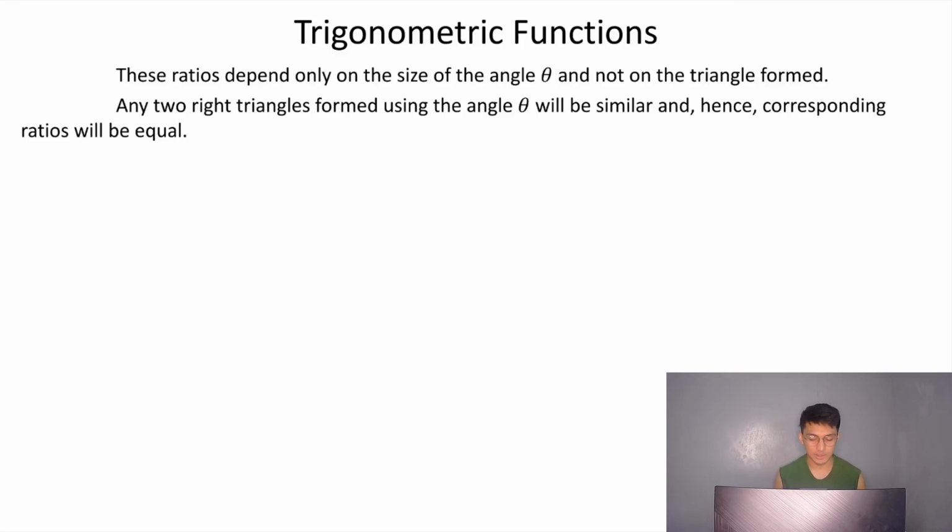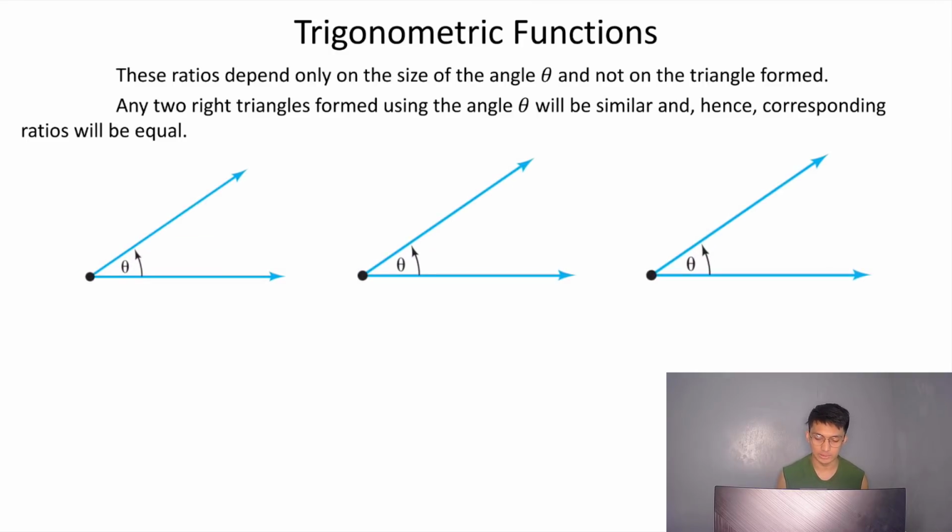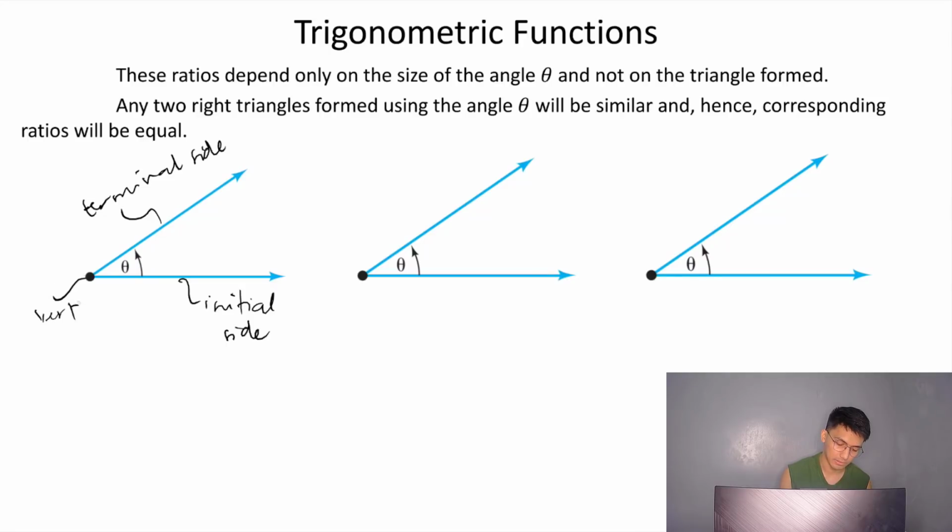For a better explanation, let's take a look with these three angles. So, from the previous tutorial video, this one we call as the initial side. And ito yung tinatawag natin na terminal side. And this is the vertex. Now, considering this is an acute angle, yan.